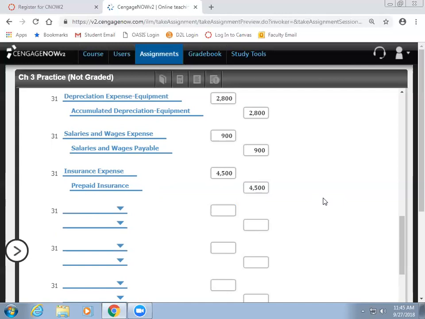Let's see, our next one says fees earned but unbilled as of July 31st are $10,200. So when I see fees earned but unbilled, that means that's an accrued revenue. So all I need to do is recognize that we've earned that revenue. Does anyone remember with an accrued revenue, what do I debit and credit?